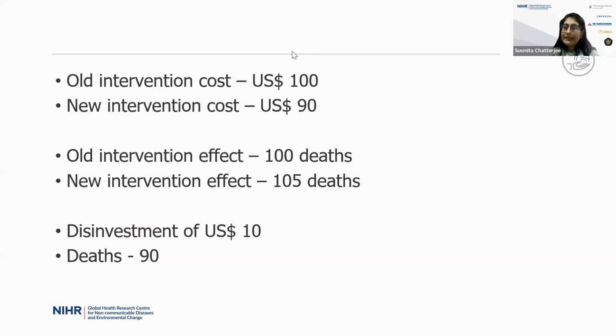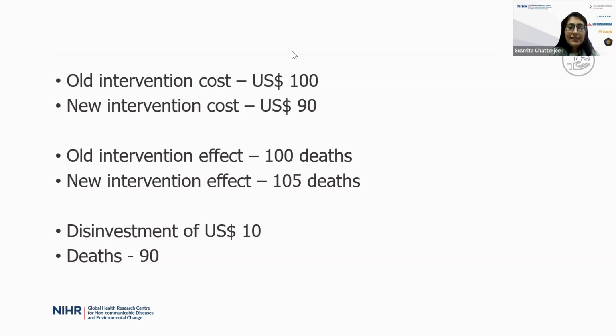So what happened then? My $10 disinvestment in this intervention had an overall better effect, right? Because even though the old intervention was giving me 100 deaths, now I'm getting 90 deaths. That means deaths reduced. Even if I'm giving less money to that intervention, I freed up my resources and put them somewhere else, which meant my overall health situation is much better, from 100 deaths to 90 deaths.